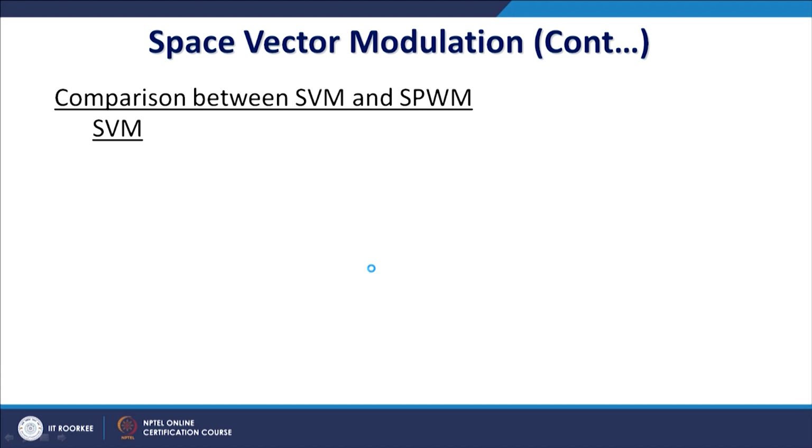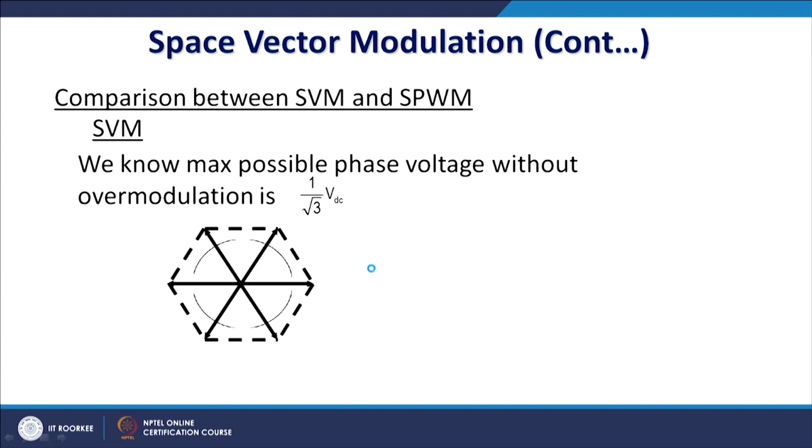And in case of the SPWM, what will you get? Here you will get the maximum voltage, lying on this circle. So, you get 1/3 VDC, and we know that is the maximum possible voltage without over modulation.